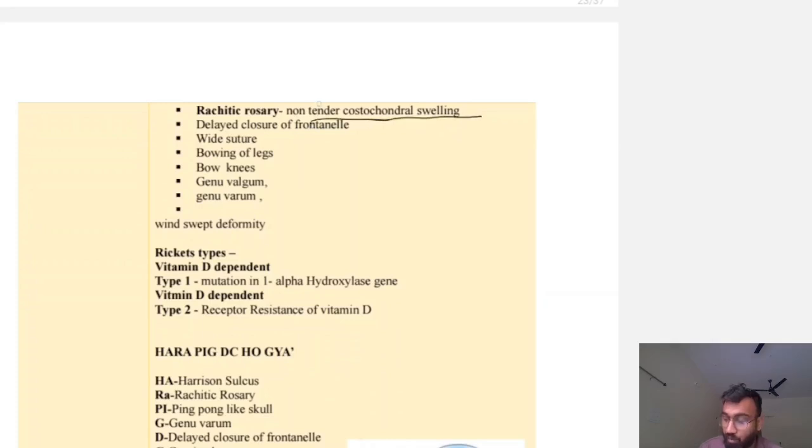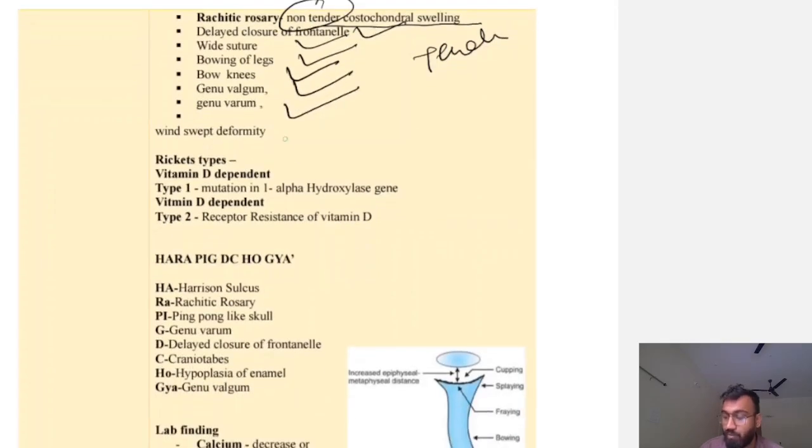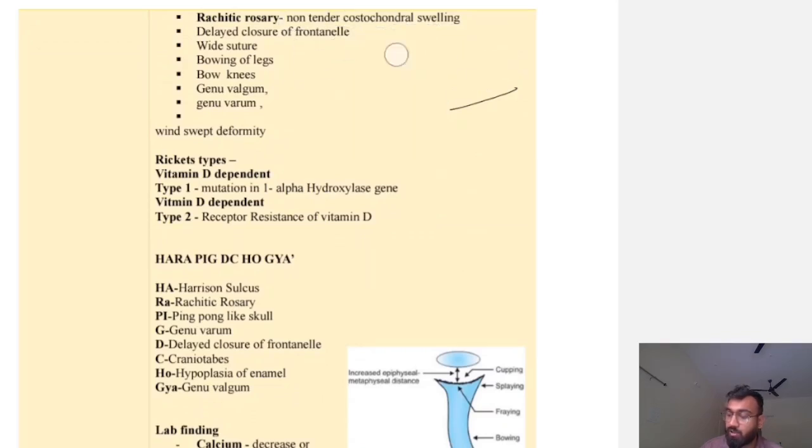You have to understand it is non-tender because there is tender swelling in scurvy. So this is the difference between both. Patient will present with delayed closure of anterior fontanelle, wide suture, bowing of legs, bow knees, genu valgum, genu varum, windswept deformity. Okay. So these all are the features of rickets.